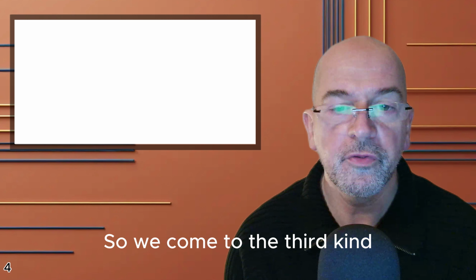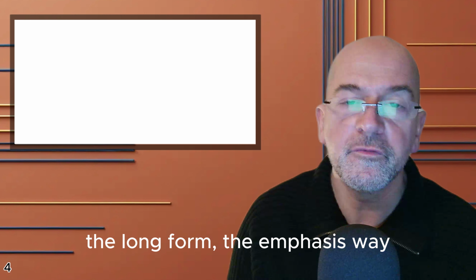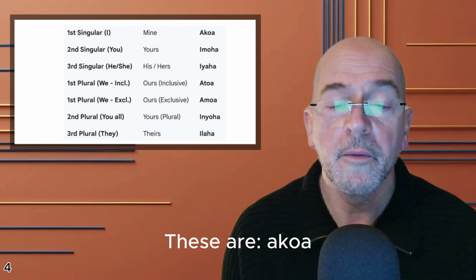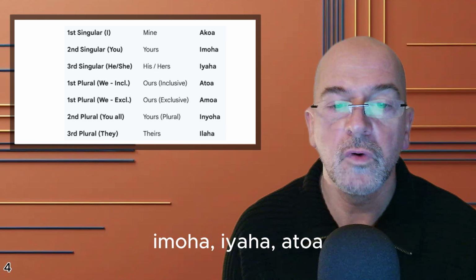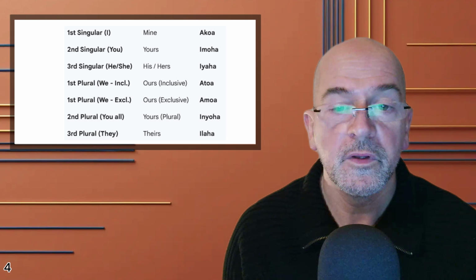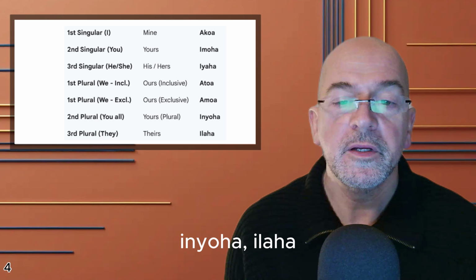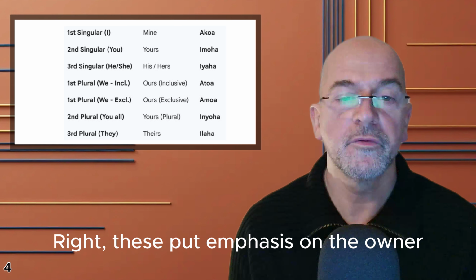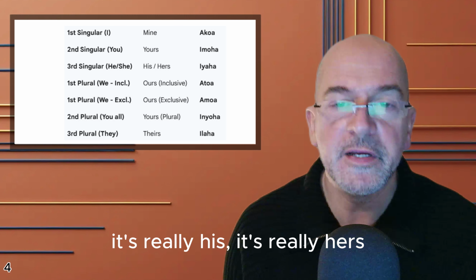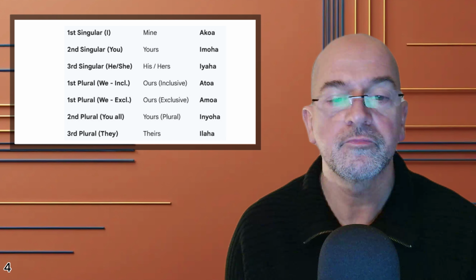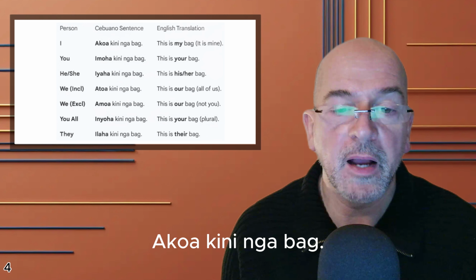So we come to the third kind, the long form, the emphasis way. These are akoa, imoha, iyaha, atoa, amoa, inyoha, ilaha. Right? These put emphasis on the owner. It's really his, it's really hers. And in the sentence, akoa kini nga bag.